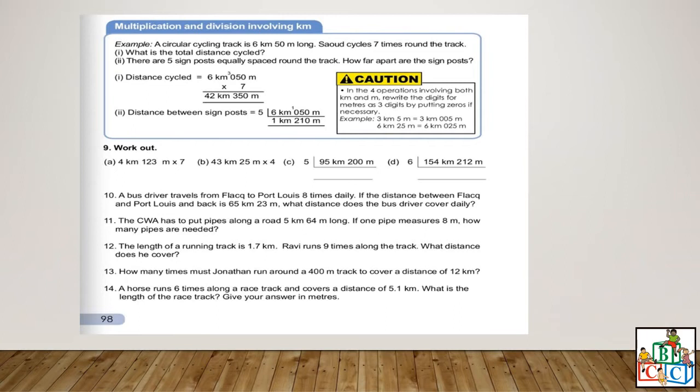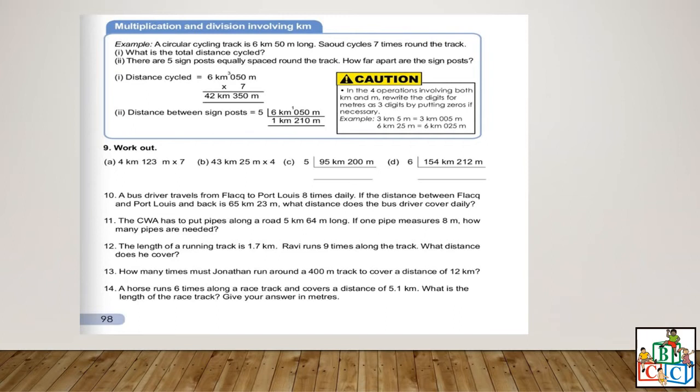So you're going to add 2 zeros in front. 3 kilometers 5 meters, you're going to write 005. 6 kilometers 25 meters, it is asking you to put 3 digits, so 1 digit is missing. You're going to add a 0 in front of 25.